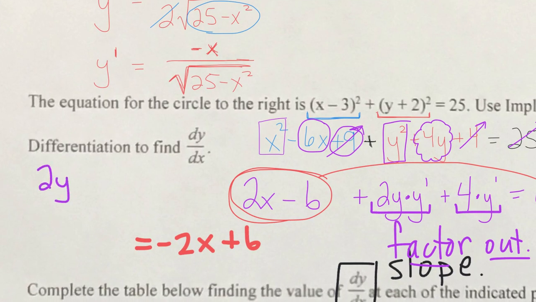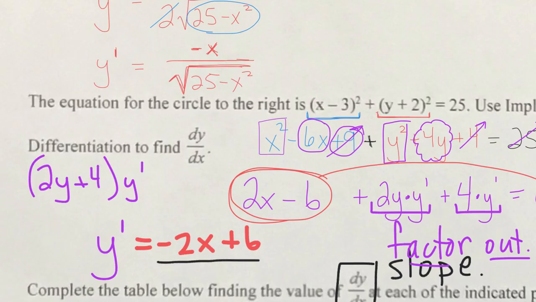So this is 2y plus 4 times y prime. Okay, both of these terms have a y prime in them, so we pull them out as a single y prime. Okay, so we have a 2y plus the 4 that's left over. So if I wanted to solve this for y prime, what would be my next algebraic step?